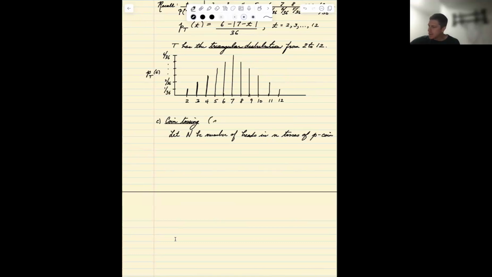Let's let little n be bigger than or equal to 1. And what is the answer to this? Well, the probability that there are exactly k heads tossed. So this is the mass function. Remember how we calculated that before: there are little n possible spots for heads to occur.